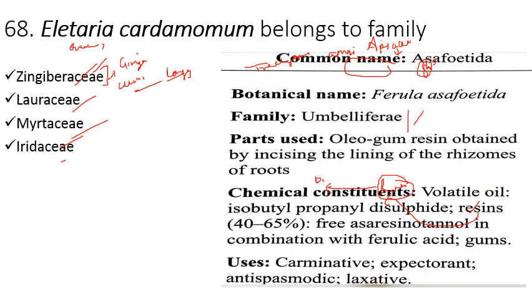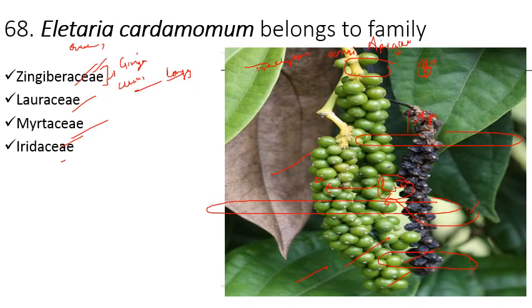It belongs to family Umbelliferae or Apiaceae. The oleoresin is obtained by incising the lining of the rhizomes or roots. It contains certain chemical substances like isobutyl propenyl disulfide. It is mostly used as carminative, expectorant, antispasmodic, or laxative. Expectorant means a medicinal substance that helps to overcome cough conditions.